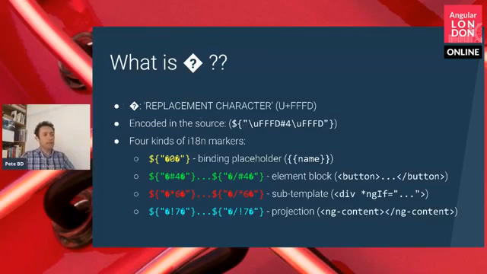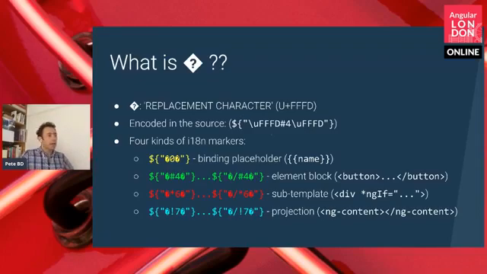If you start digging into the source code that the template compiler produces, you'll see it is usually encoded like this. The \u means the Unicode character, and FFFD is just hex. So that is the same character as this question mark.